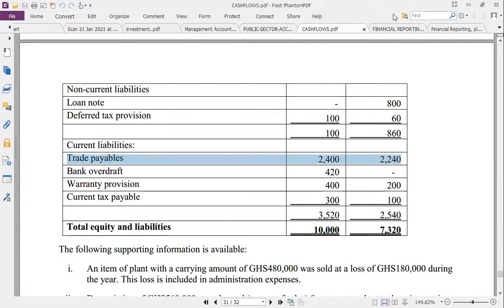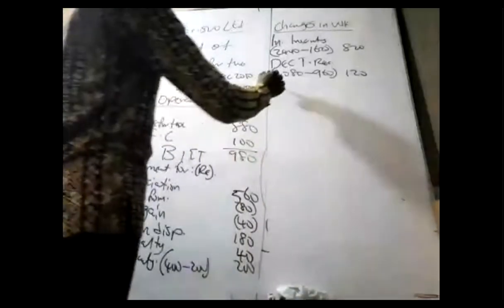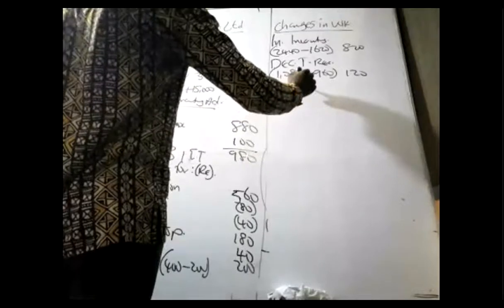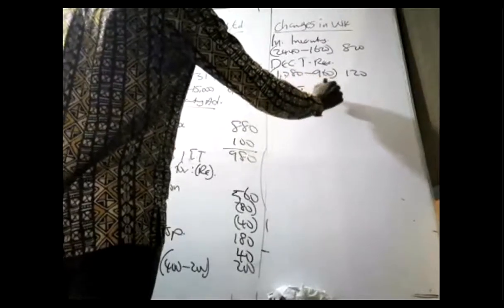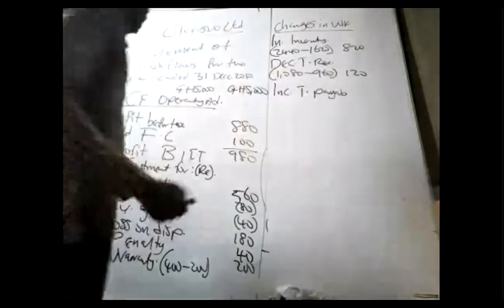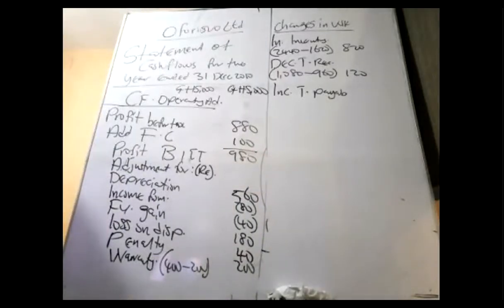So that is an increase in trade payable. I hope you can remember, or you will be able to identify, whether this one has increased or reduced.